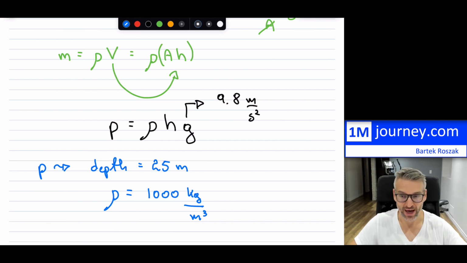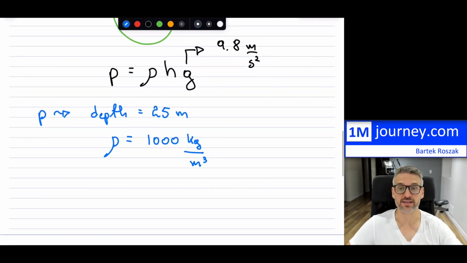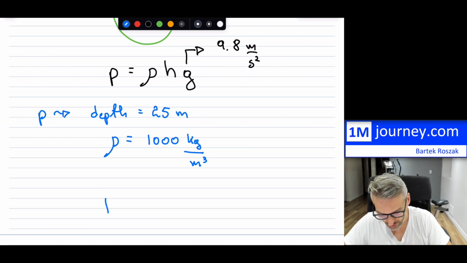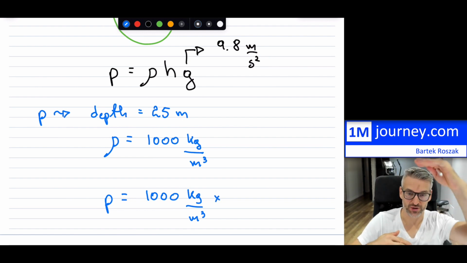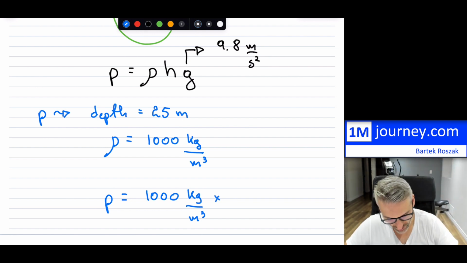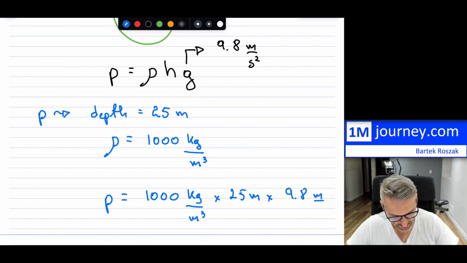So if I know that, then this problem is very easy, because I can just say, your pressure is equal to the density, which is going to be 1,000 kilograms per meter cubed, multiplied by the depth that you're going through. So this particular depth is going to be 25 meters. And it's going to be multiplied by 9.8 meters per second squared.